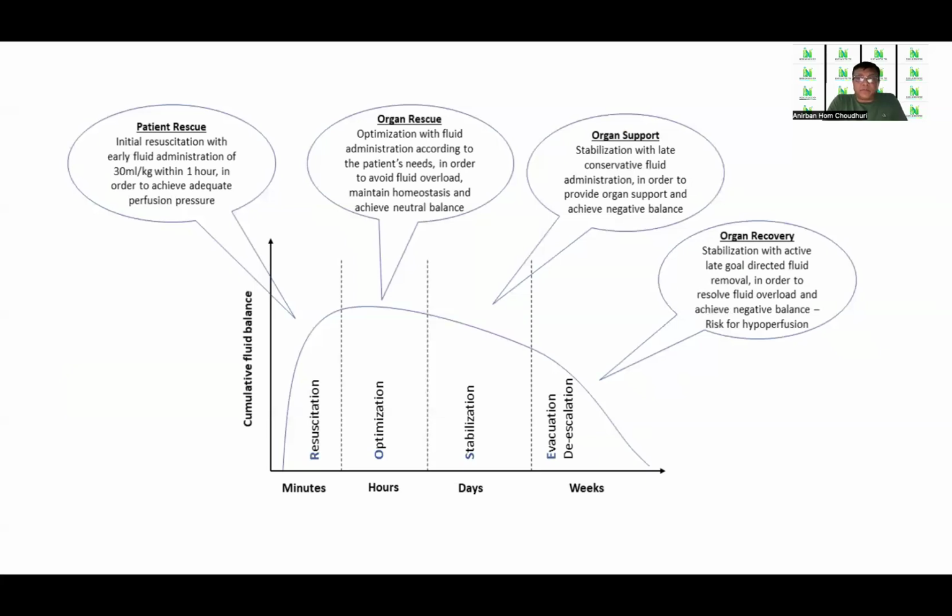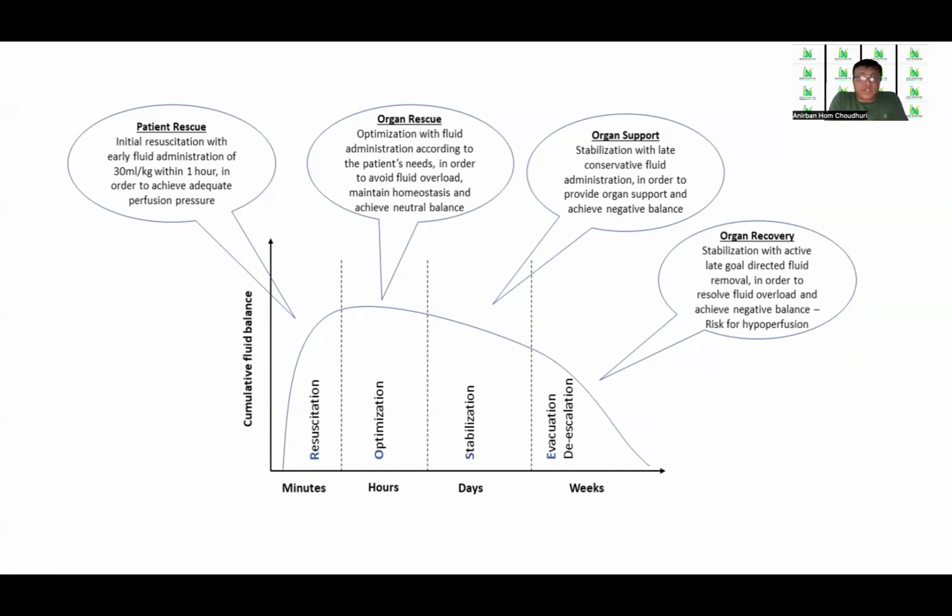This may range from minutes to hours, after which the organs are rescued and there is a phase of optimization where fluid should be administered only according to the patient's need, to avoid a situation where the complications of fluid overload can manifest.